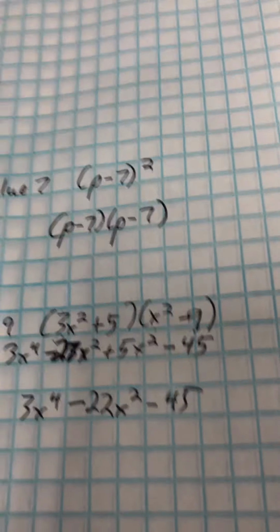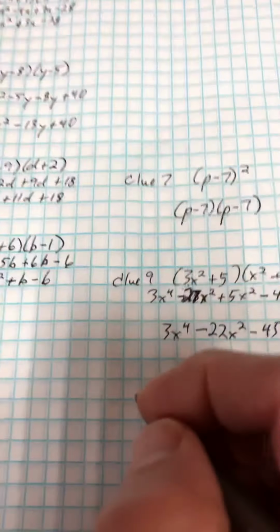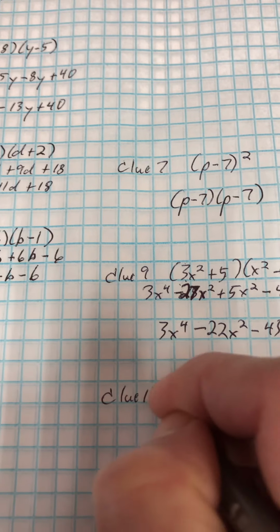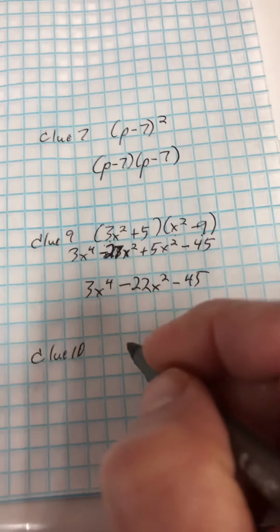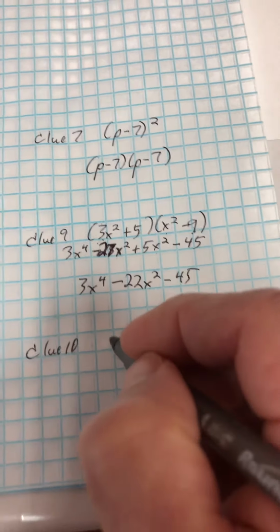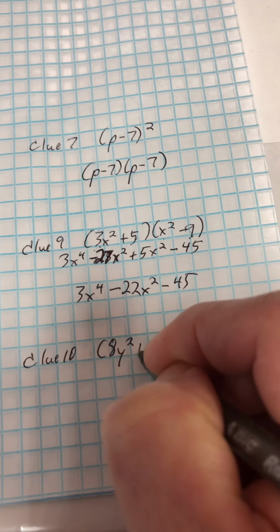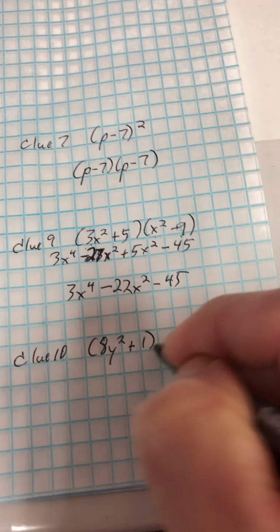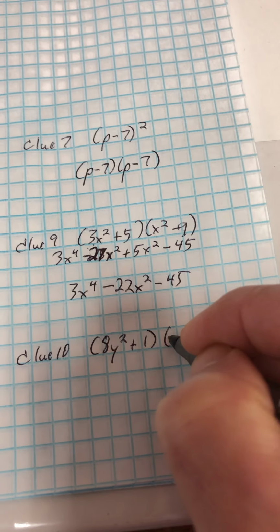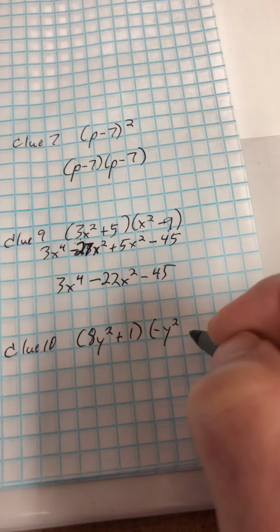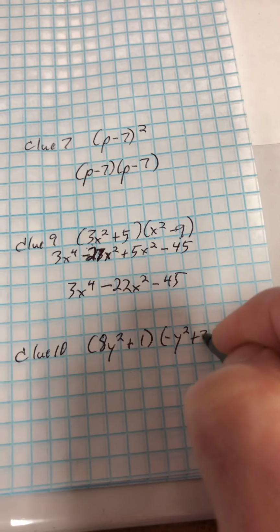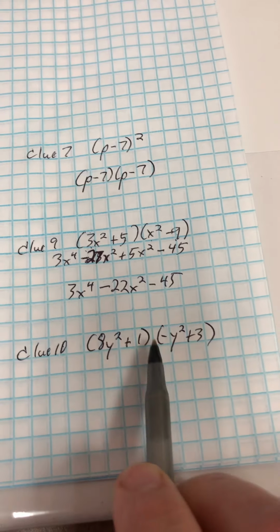For clue 10, you should probably just rearrange it. Set it up like this: 8y squared plus 1, times negative y squared plus 3. Go ahead and do your first times the first.